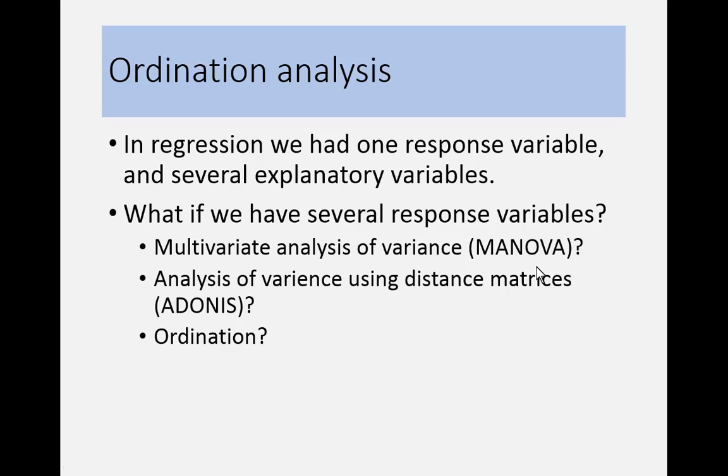Instead of just having the shoe size as the response variable, you could also have something like the color of the eyes and the IQ or something like that. Now, MANOVA is good and well if you have normally distributed data. But for example, these data here, they are counts, so they are not necessarily normally distributed, so we can't use that for metagenomics datasets.